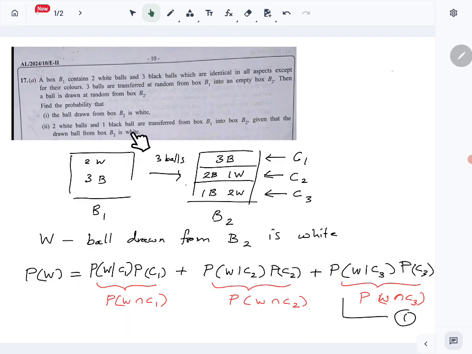So this is a conditional probability, no? It is conditioned on the drawn ball being white. If it is white, what is the chance that it came from the 2 white balls and one black ball case? That is case 3 according to this. 2 white, 1 black. Right.